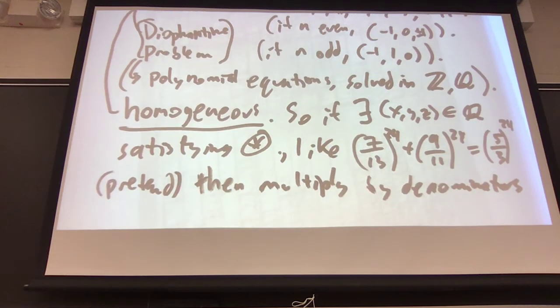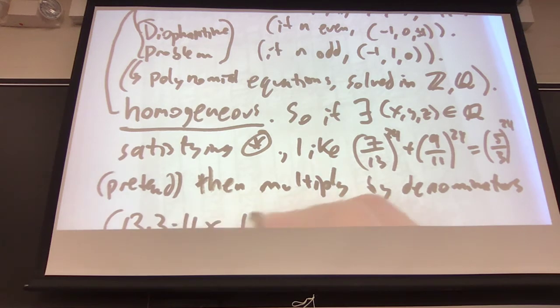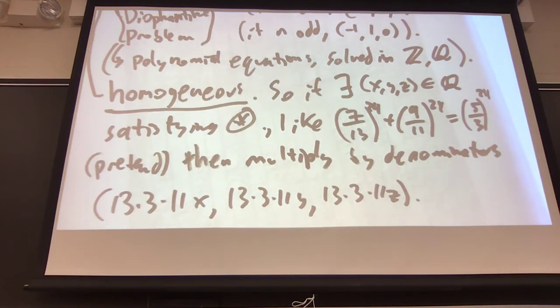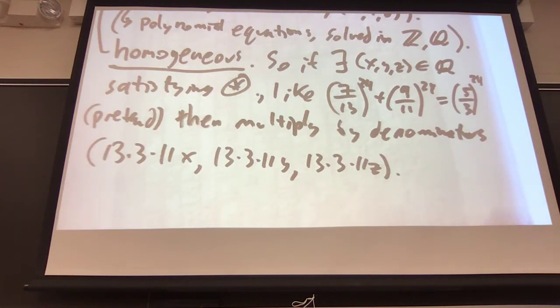In other words, if this is your (x, y, z), then what is it? (13 times 3 times 11 x, 13 times 3 times 11 y, 13 times 3 times 11 z). All the thumbs are going up, thank you. Then that would be an integer solution.